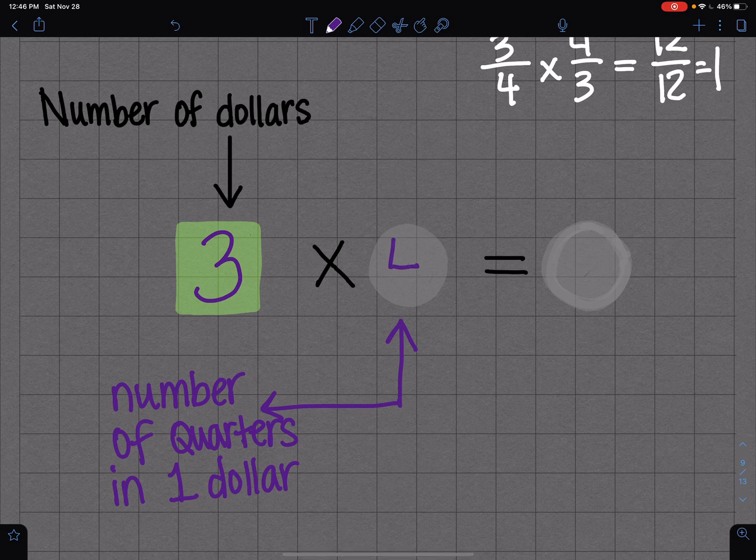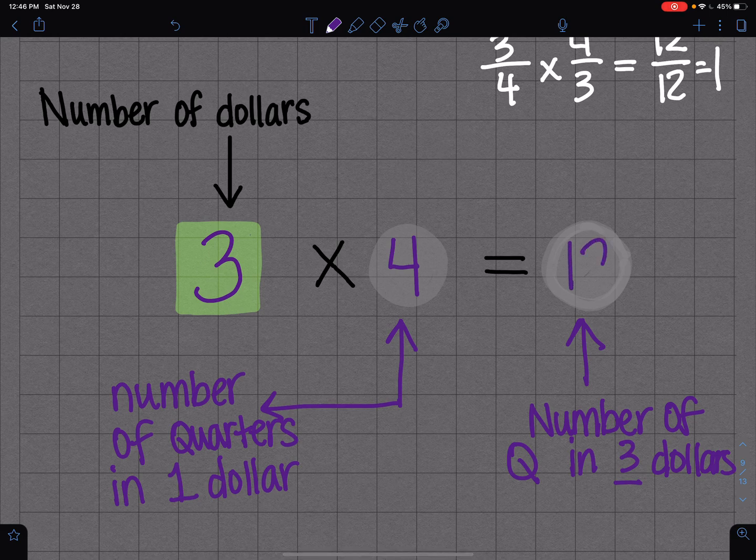And the answer to that was 4. Remember, 1 divided by 1/4 is 4. And then you just do this multiplication problem, and your answer will be the number of quarters, I'm just going to put a Q, in $3. And the answer is 12 because 3 times 4 is 12.